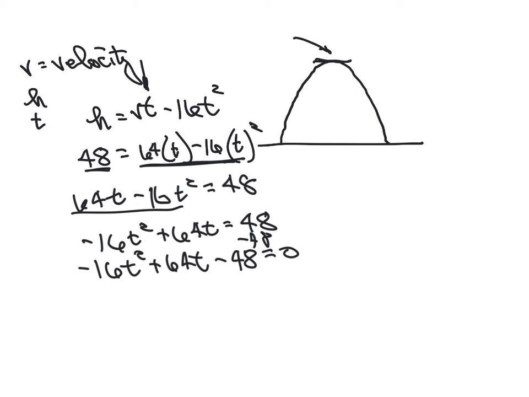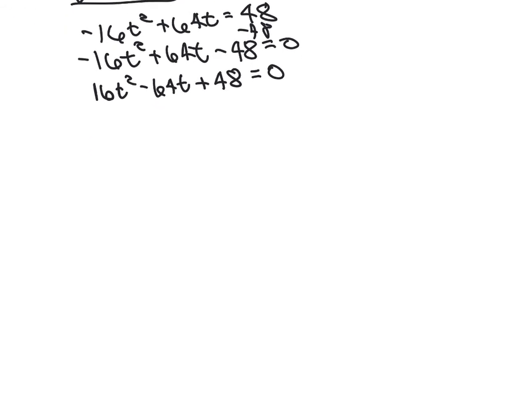Okay, so next step, remember what I said about the leading term? If it's negative, we're just going to switch the signs of everything. We actually do it to the right-hand side of the equal sign as well, but because it's 0, it doesn't change anything. So that gives me that.